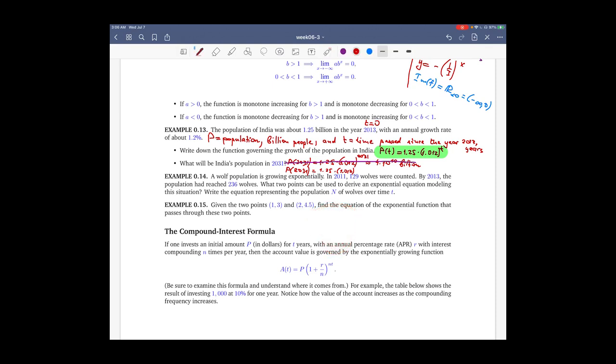So I should raise 1.012 to the power 18, and that will be approximately 1.55 billion people. So the population of India in the year 2031 is projected to be roughly 1.5 billion. Right now it is, or in the year 2013 it was 1.25 billion. So it'll increase by roughly 250 million people.